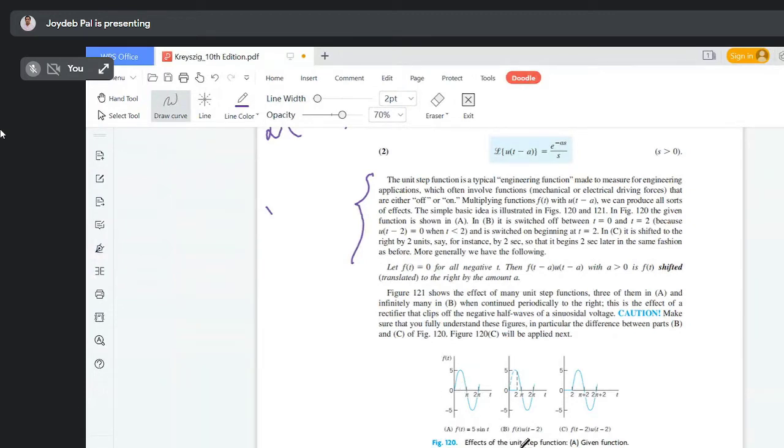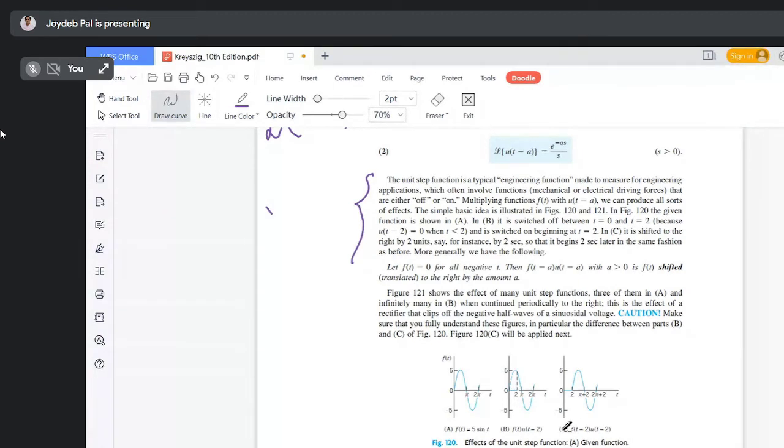Then next f(t) u(t minus 2), that is the graph. So f(t) u(t minus 2), actually it is starting from 2, the previous portion is removed, and f(t minus 2) u(t minus 2) is another type.